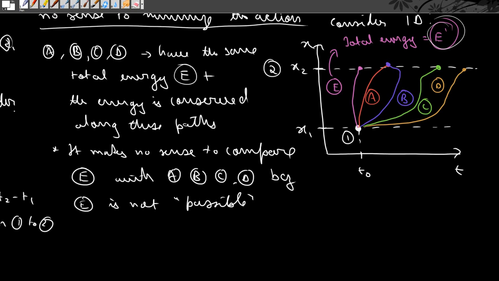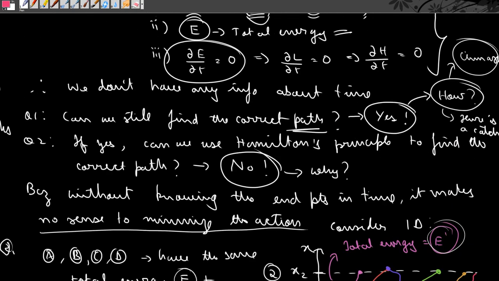Similarly, if we have some other path, something like this, I'll call it F, but in F energy is not conserved. Even this is not a possible path, because we already know that the energy must be conserved.